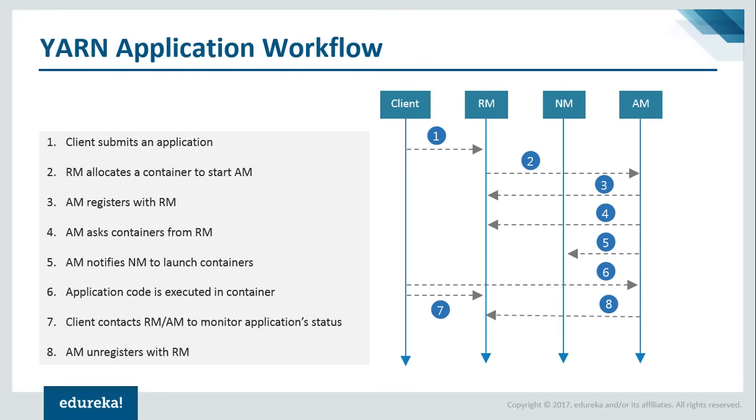Then the application master notifies the node managers to launch the containers. Finally, the application code is executed in the container. Then the client contacts for status. And once the job is completed, the app master unregisters with the resource manager. So it's very simple.